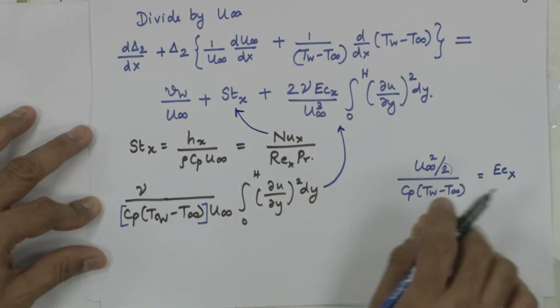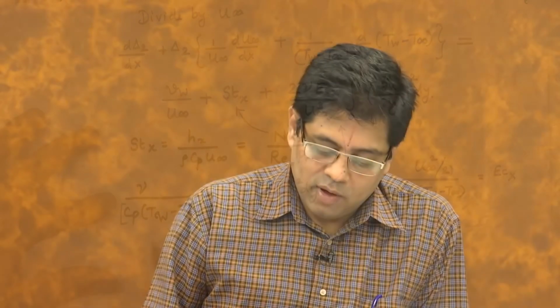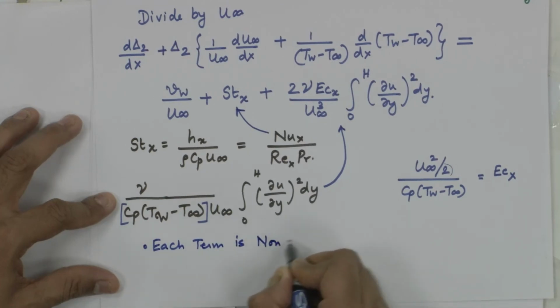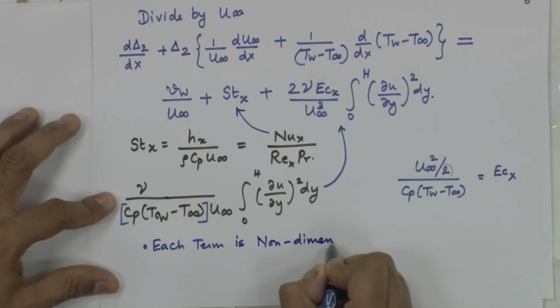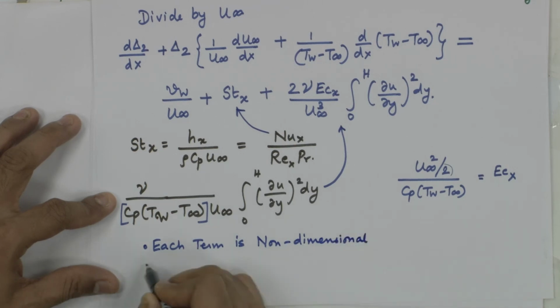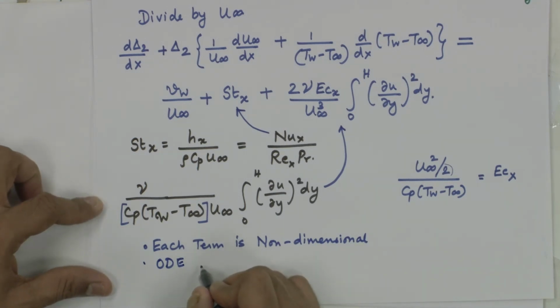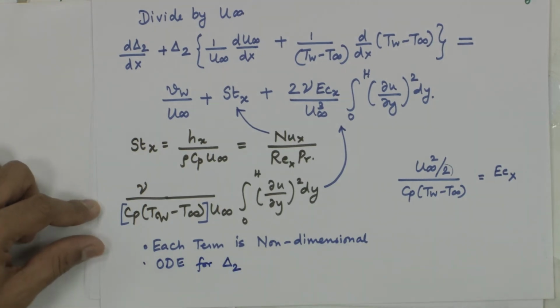So, this is your integrated energy equation. Each term is non-dimensional, you can check that. It is an ordinary differential equation, with x as the independent variable and delta 2, the enthalpy thickness, as the dependent variable.